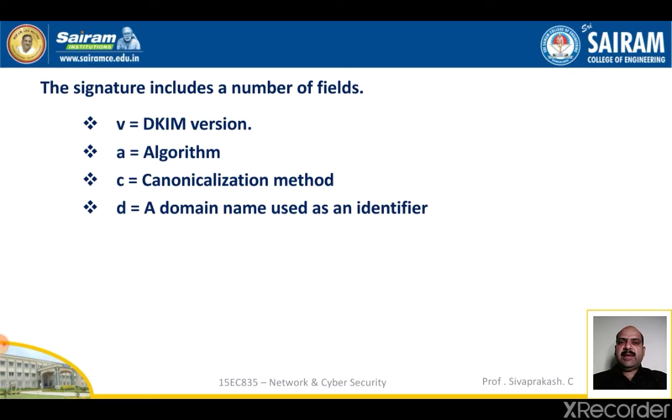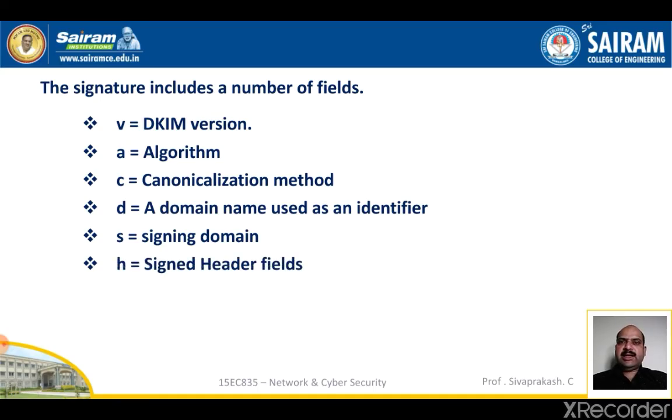D is a domain name used as an identifier to refer to the identity of a person or organization responsible. In DKIM, this identifier is called the signing domain identifier, SDID. Next, so that different keys may be used in different circumstances for the same signing domain, DKIM defines a selector, which is used by the verifier to retrieve the proper key during signature verification.